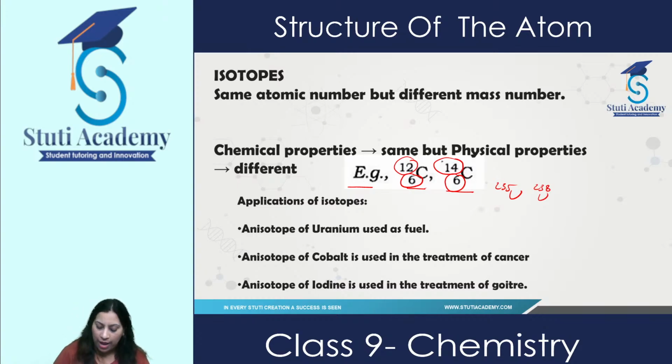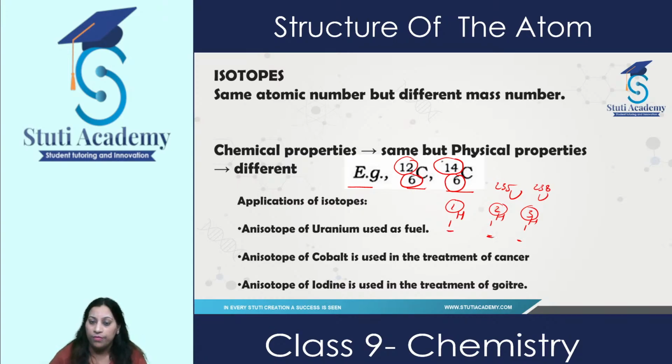Another example of an isotope is hydrogen. Hydrogen exists in nature in three different forms: H11, H12, H13. Here you can see their mass numbers are different, but their atomic number is the same.